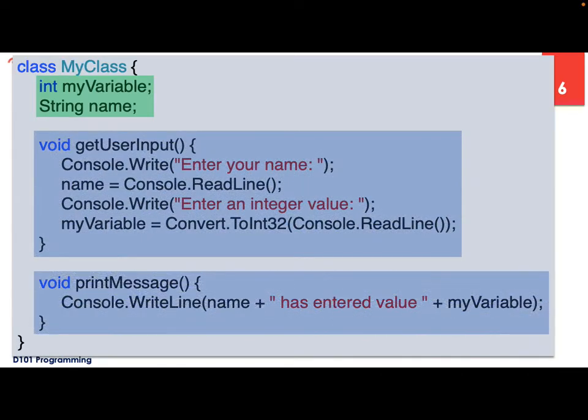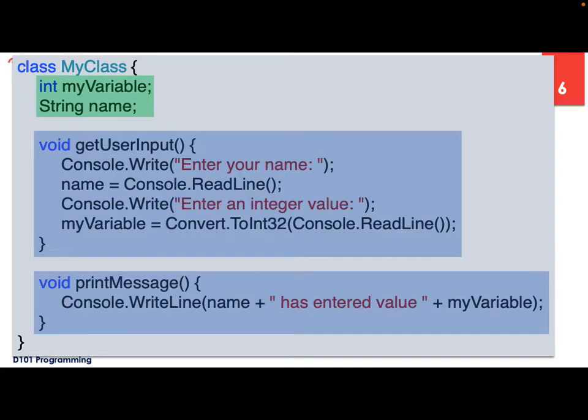Then we have specific methods: get user input, print the message, each performs something specific. We are getting the name from the user, we are writing myVariable, getting the variable as an integer, and then here we are just printing them on the screen. Methods, fields. Is it clear?